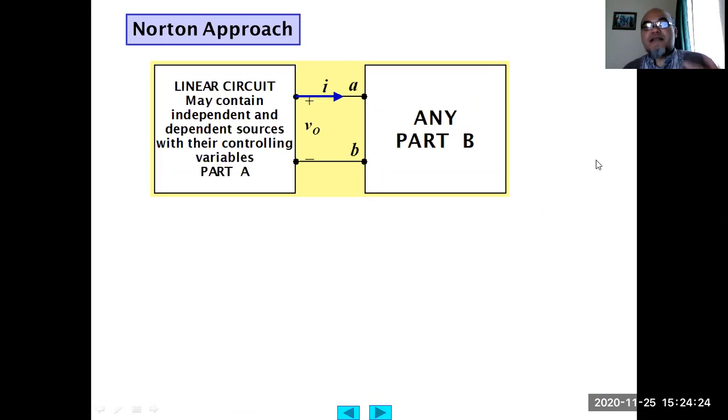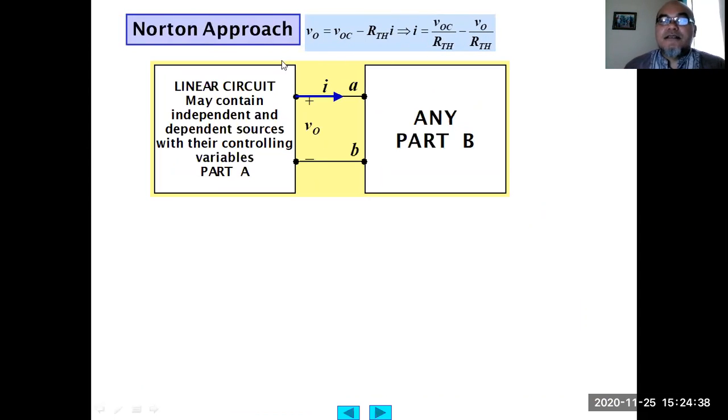Norton approach is basically similar, but now we are changing the whole part A circuit into an equivalent Norton current source and an equivalent Norton resistance.